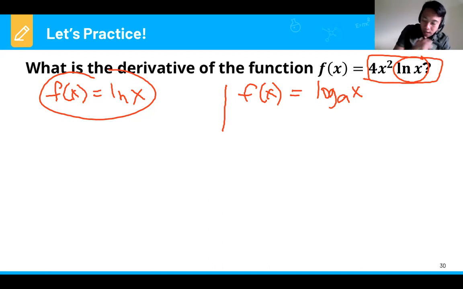Okay, so we have f of x equals 4x squared ln x. If you do the shortcut way, it will make it wrong. Okay, sorry for that. I will continue to answer this.